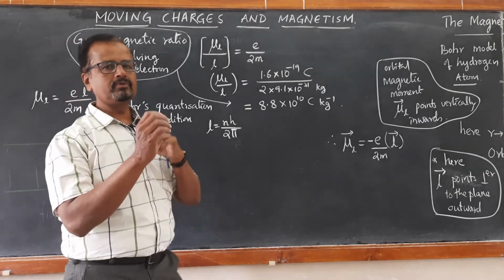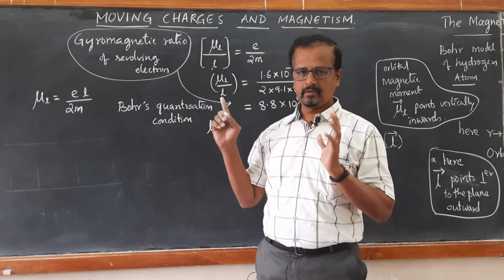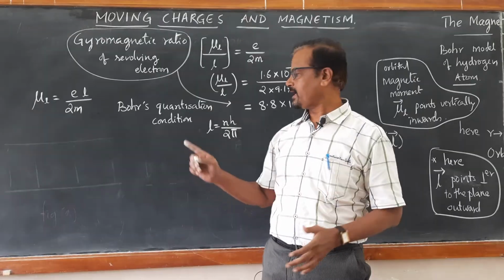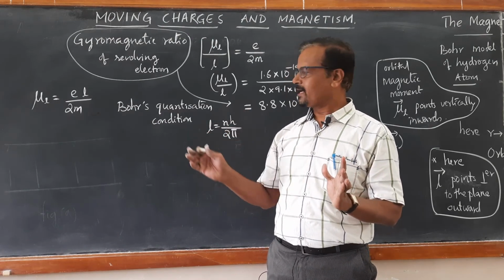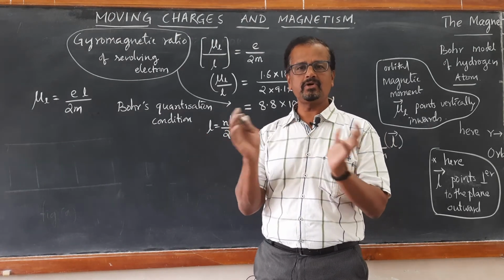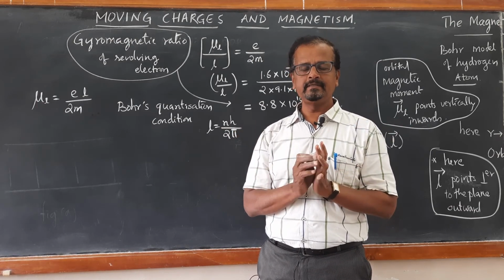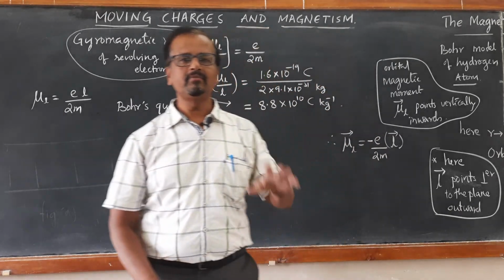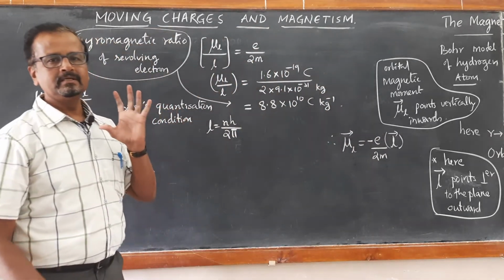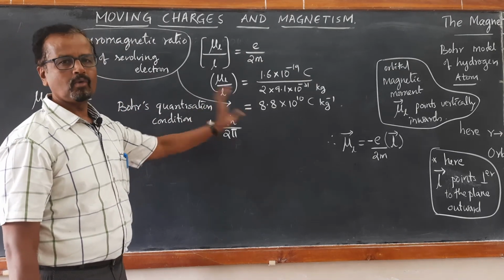So, the angular momentum of a revolving electron is fixed. If the electron revolves in that particular orbit where angular momentum is quantized, then the energy of the electron is not lost in the form of radiation, and thus Bohr explained the stability of the atomic model, the stability of a revolving electron in its fixed orbit whose angular momentum is quantized.